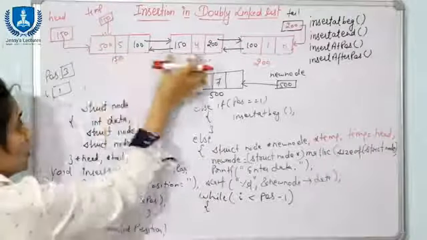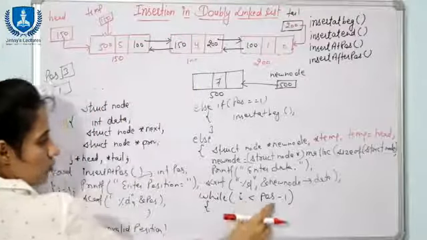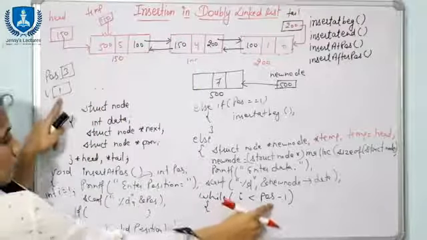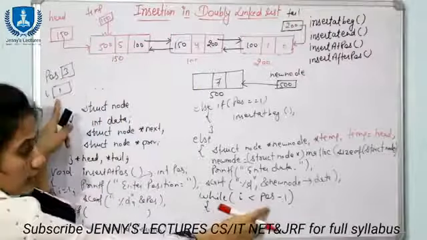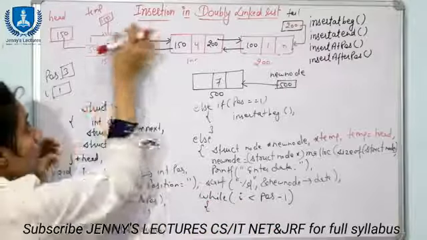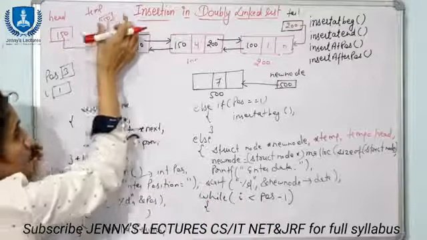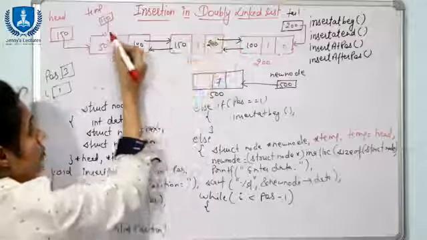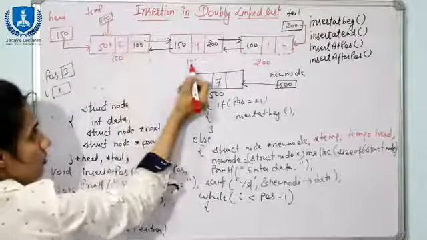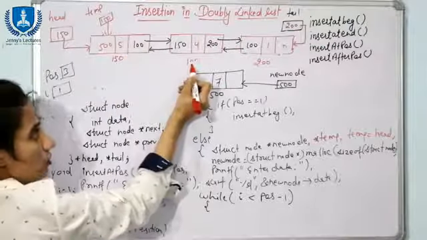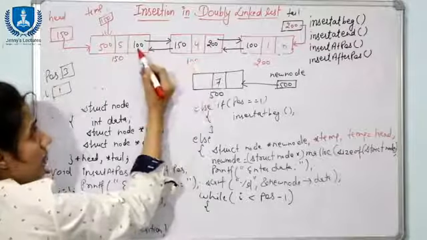Now you can move this temp. Now see, i less than position minus 1. i is 1, position minus 1, that is 2. So 1 is less than this, right? How will we move this? First of all, we will move temp here. It means now temp is going to store the address of the next node, that is 100. From where can we get this 100? Here we have 100.